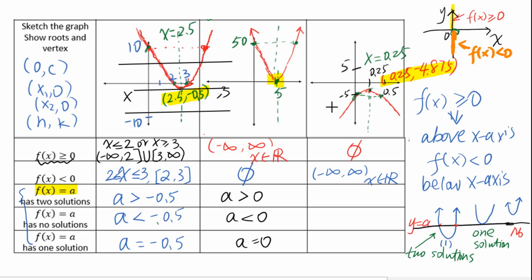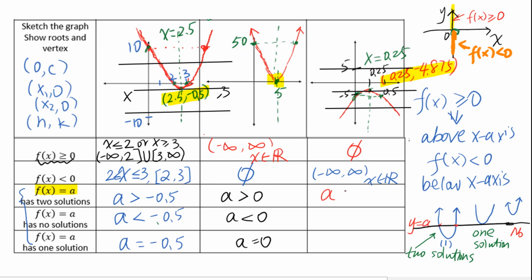This time, if I draw a line below this maximum point, then there are two intersections, which means two solutions. If I draw the line above this maximum point, there is no intersection, so no solution. If I draw a line exactly passing through this maximum point, there is one solution.